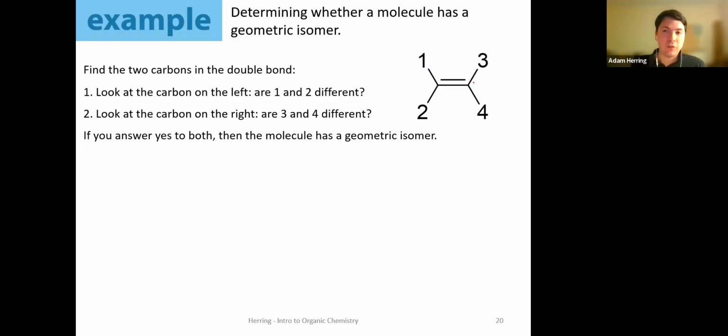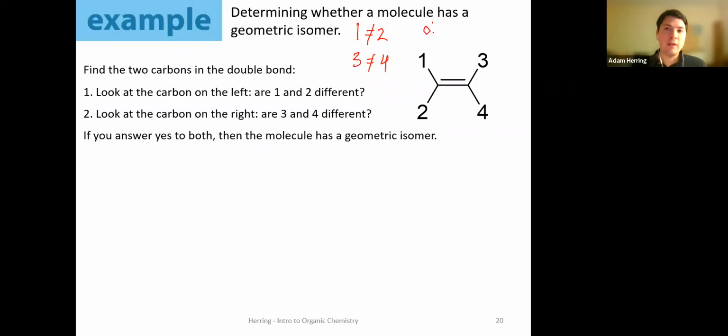And then you ask for the other carbon, are the atoms 3 and 4 different or the same? If the answer to both of those questions is yes, then that molecule has a geometric isomer. So essentially what we need is that the atoms 1 and 2 must not be the same, and 3 and 4 must not be the same.